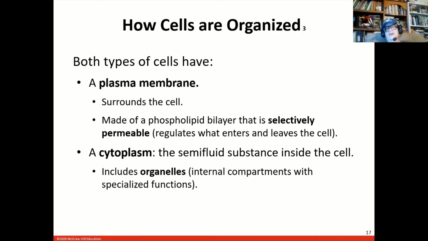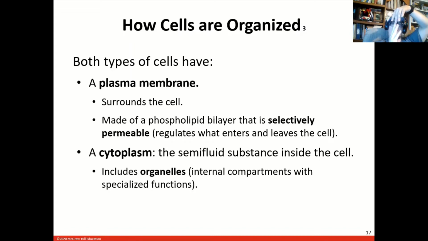And things that bring lots of water, have lots of polar charges, they don't cross that membrane very well. Anyway, so that's what selectively permeable is. It controls what gets across and what doesn't. Things that are big, that have charges, they don't cross the membrane well.